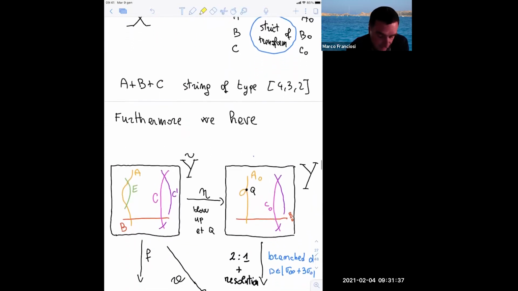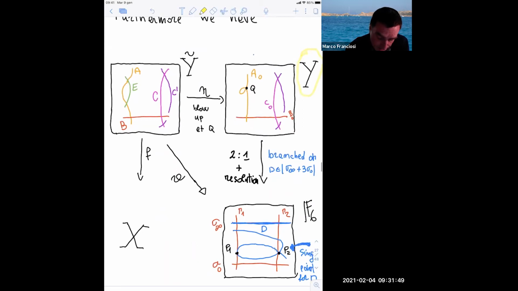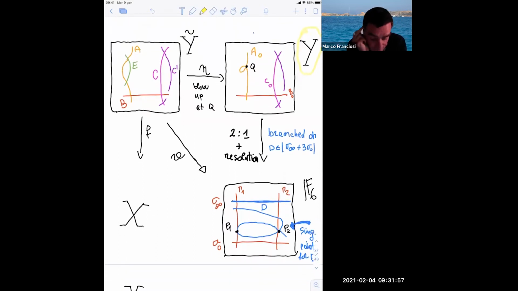Furthermore, to study this construction, we can consider the realization of such a kind of elliptic surface as a branched double covering of the Hirzebruch surface F6, plus a resolution.